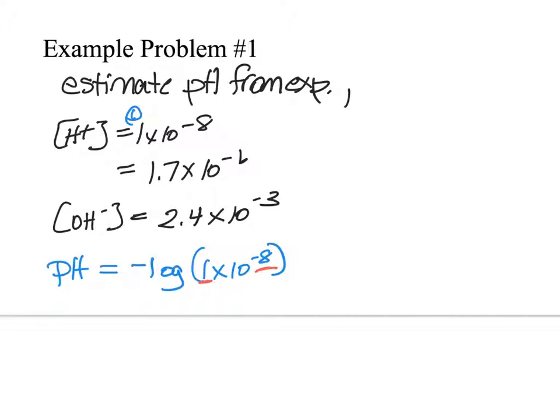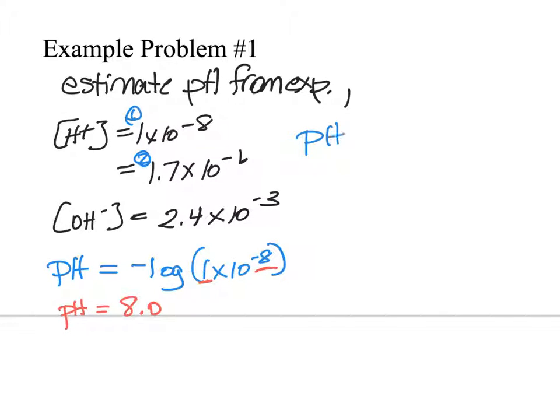And my answer should have, since I've got 1 significant figure in hydronium here, 1 digit to the right of the decimal. So pH is equal to 8. Well, let's look at the second example here. This time I'm going to have to plug and chug.